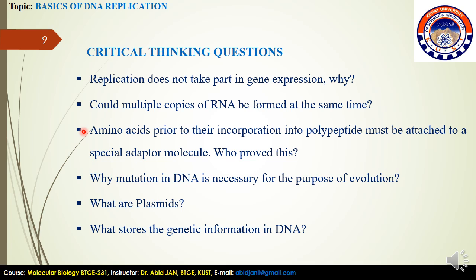This was finally proved in 1957 by Paul C. Zamecnik and Hoagland, and they demonstrated that amino acids were carried by the transfer RNA or tRNA to the ribosome for its transfer to the growing polypeptide chain.